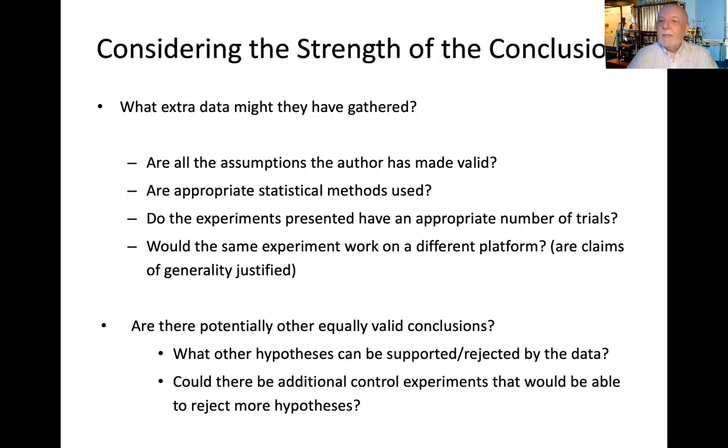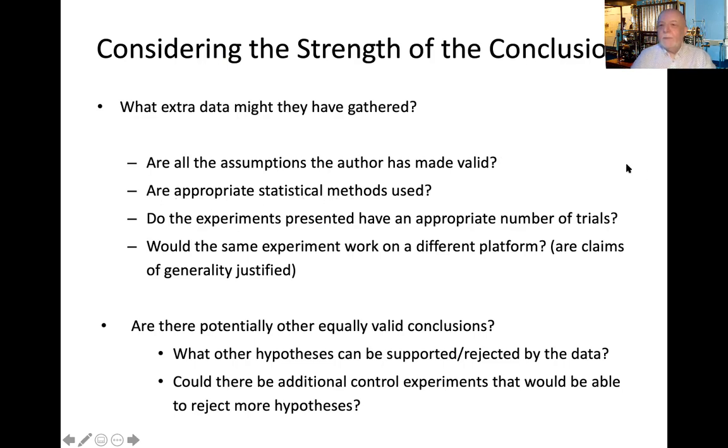Let's think, finally, at the end of an article, at the end of a paper, it's got some conclusions. So what extra data might the authors have gathered, or have they got enough there? One of the big problems you'll find quite often when you read papers is that people haven't done enough experiments, which means: are the statistical methods appropriate?